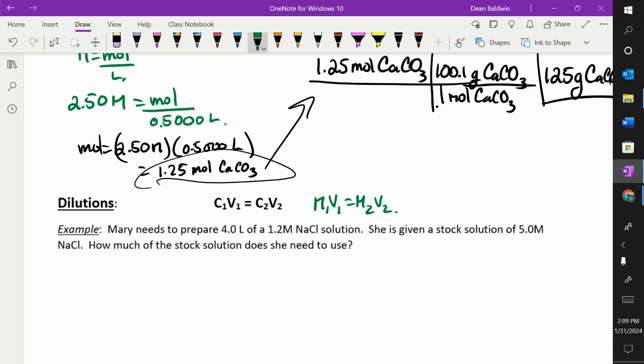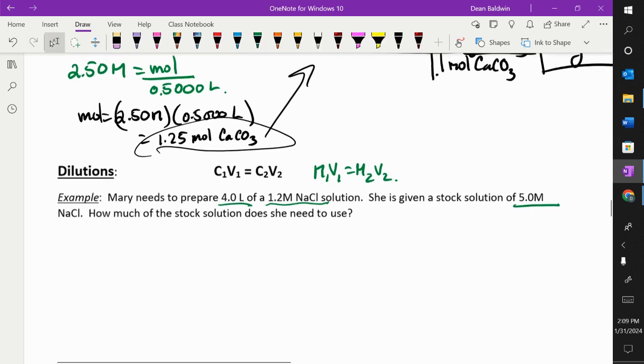Okay. So we need to make 4 liters of a 1.2 molar sodium chloride solution. You are given 5 molar NaCl solution. How much of that do you need? So that's your initial, right? That's what you're given, 5 molar. So that's M1.